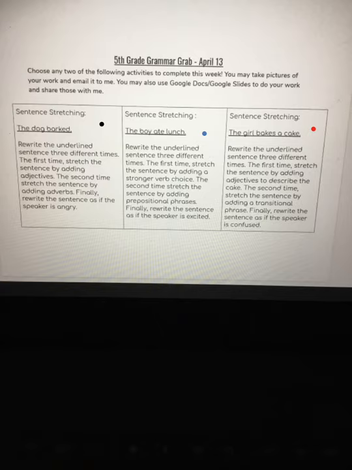And then the last time it wants you to write the sentence as if the speaker is confused. Now remember punctuation when you're trying to think about how you are going to make this sentence sound confusing. Think about what punctuation you would use. Think about what an exclamation mark is used for, what a question mark is used for, what a period is used for. So be creative when you guys are stretching all of these sentences.